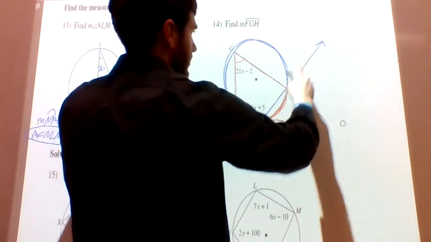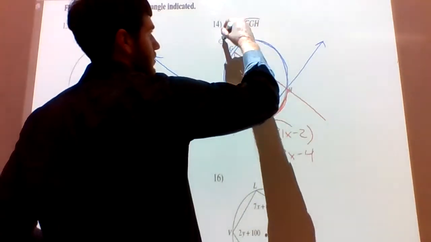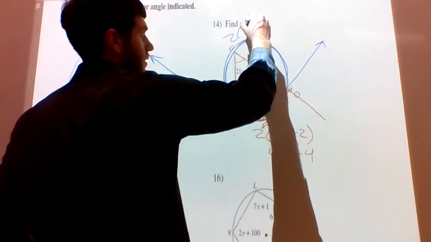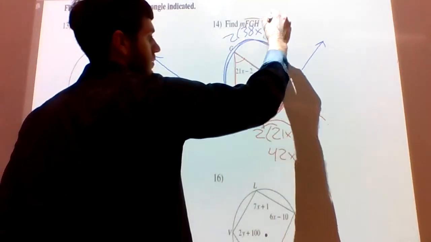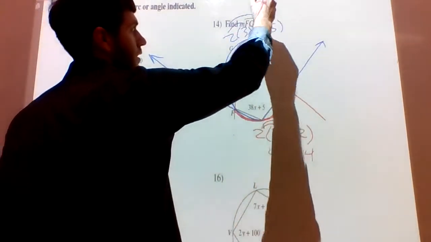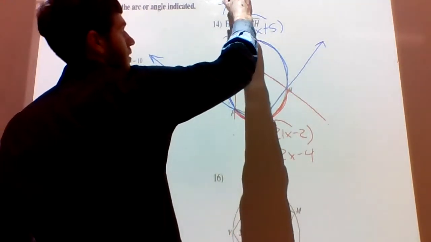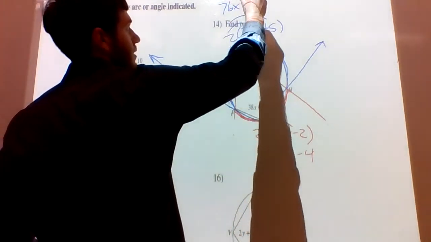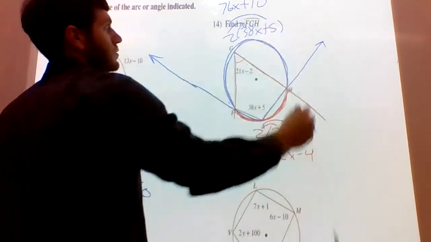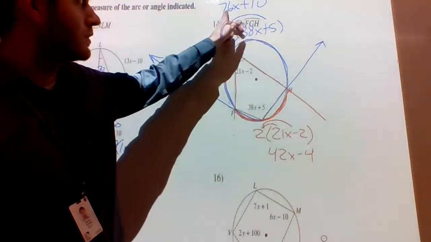Our intercepting arc is here, and that's twice the inscribed angle. So that's going to be 2 times 38x plus 5. If we distribute, 2 times 38 is 76, and then 2 times 5 is 10. So the measure of this arc is 76x plus 10.